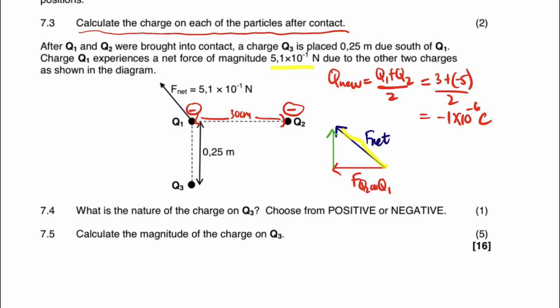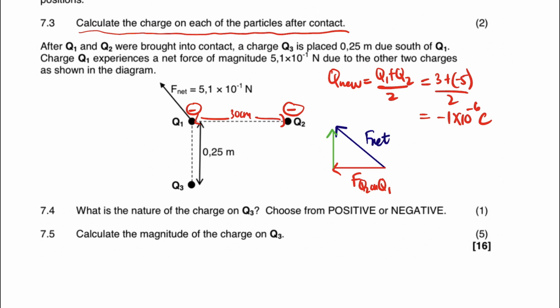The net has to start from the tail of the first vector to the head of the last vector. So this one has to have a head there. So that means if this force is going upwards, which is the force that this one exerts on this one, that means that they're repelling. That means this one has to be a like charge with this one, so it pushes it up because this force is going up.